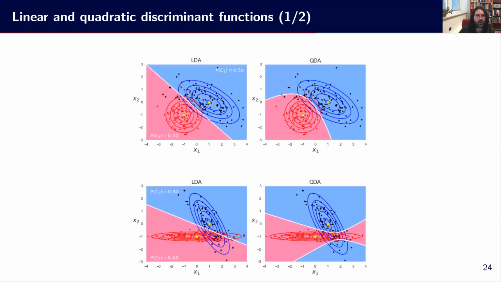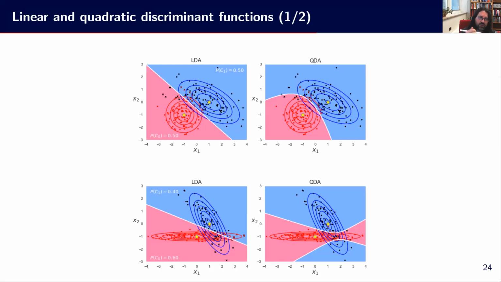So if we compare linear and quadratic discriminant functions, we see here that we have this kind of thing. What we call LDA, which is linear discriminant analysis. So basically it's simplifying. We have these points here. And all you need to interpret in these plots is that the points are not following the same distribution here. So they have different covariance matrices.